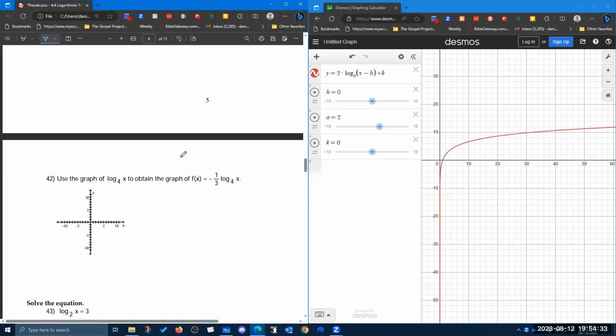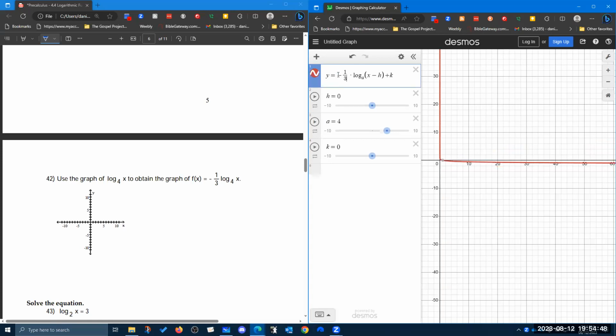Last one for this video before we come back and solve some logarithmic equations next time. We're going to use a base of 4. And we have a multiplier of negative 1/3. No vertical shift. Log base 4 of 1 is 0.